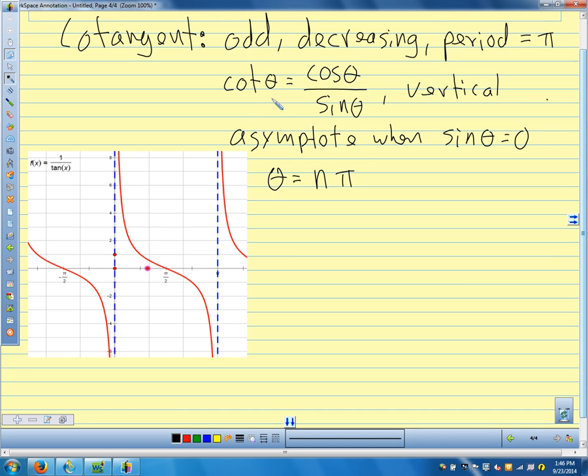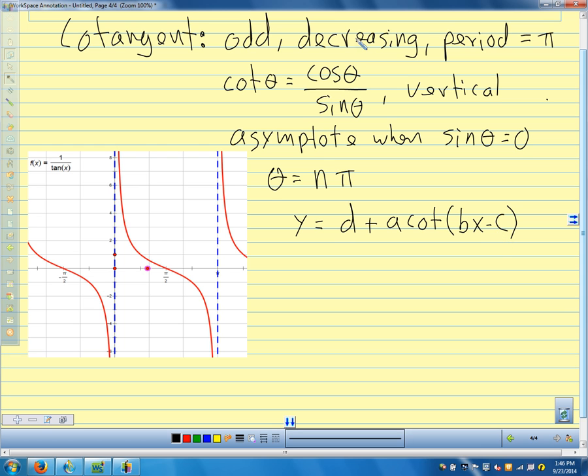So we're going to go about sketching our graph the same way. If we have y equals d plus a cotangent of bx minus c, all the information that we wrote for tangent, our vertical shift, vertical stretch, period is pi over b, our horizontal shift is c over b, all of that's the same.